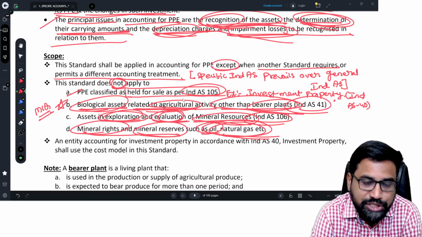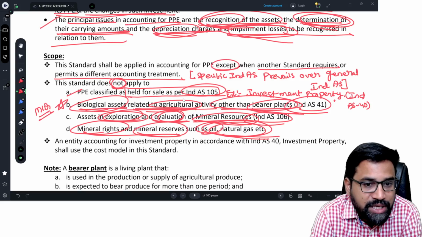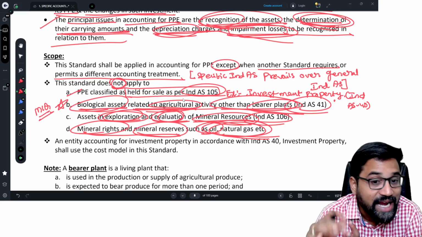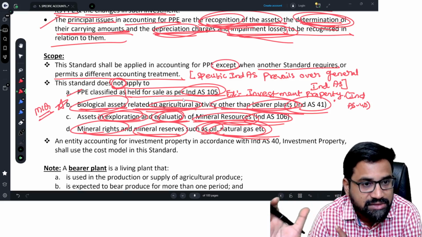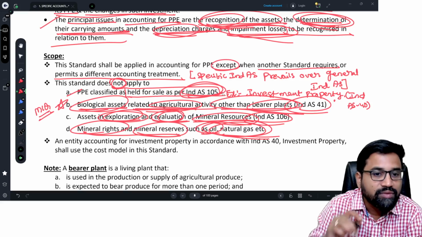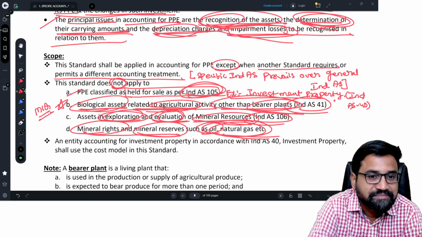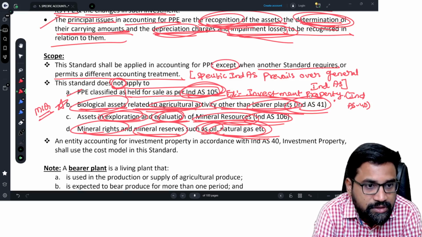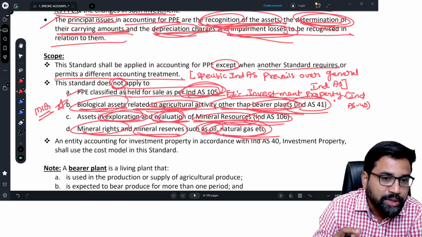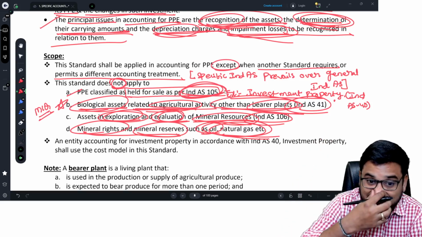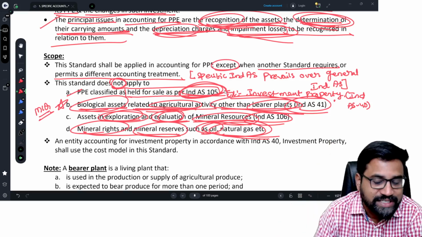Tell me what the exceptions are. First, any PPE classified as held for sale as per IND AS 105. Any non-current assets classified for sale, we follow that standard.